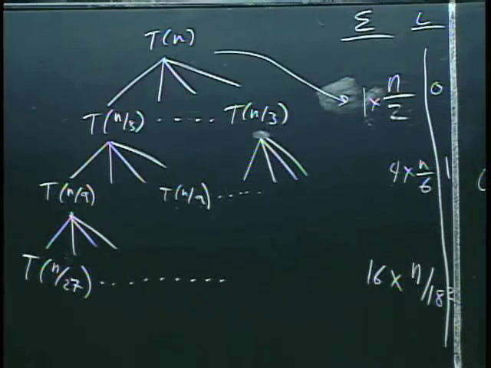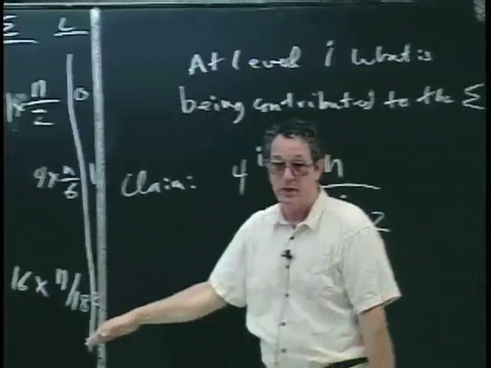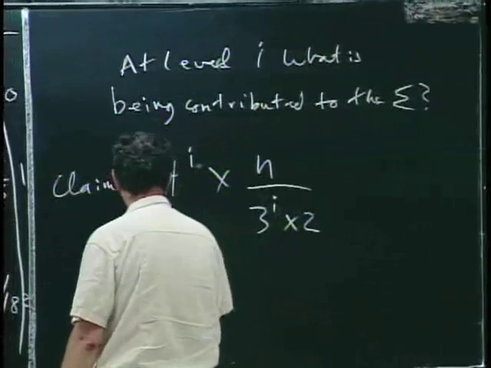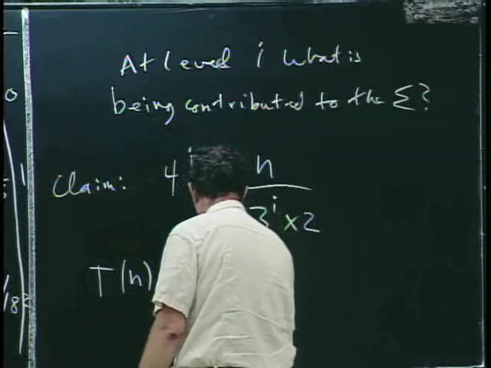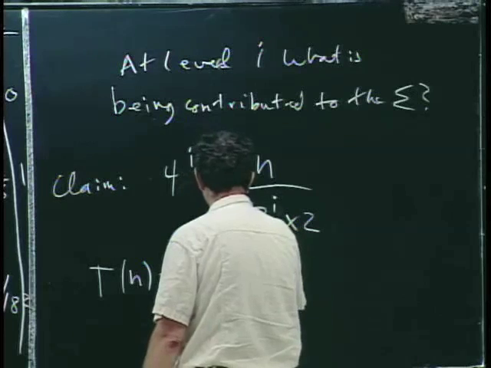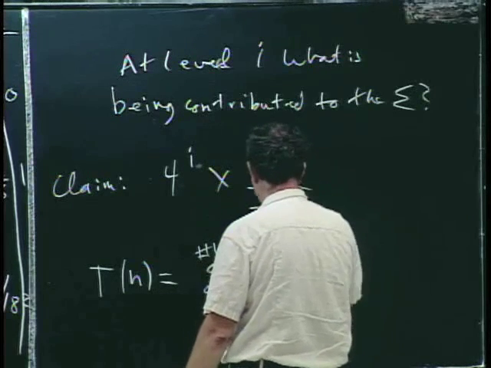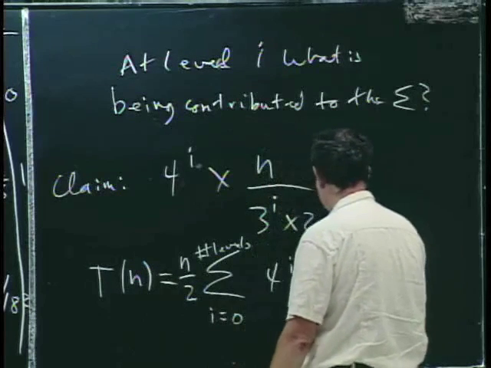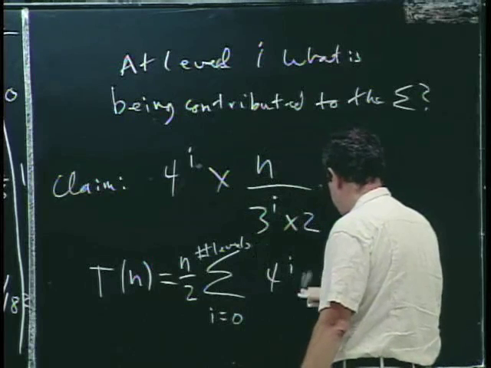Okay, so we know what is being left behind at each level of the sum. So now T of n, abstractly, just in terms of n, is equal to the summation from i equals 0 to the number of levels of 4 to the i times, well, I'm going to take the n over 2 out, n over 2 times 4 to the i times 1 over 3 to the i.